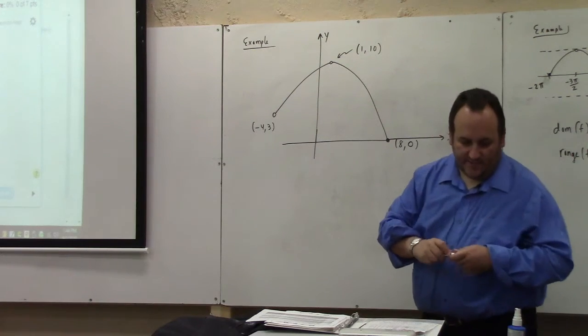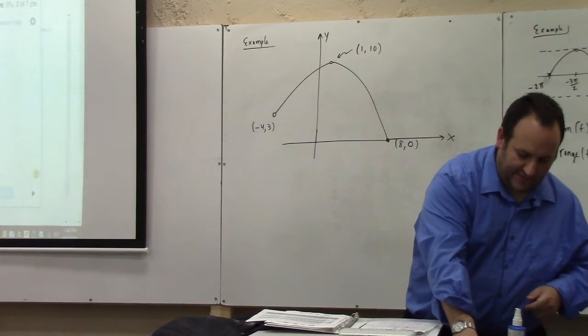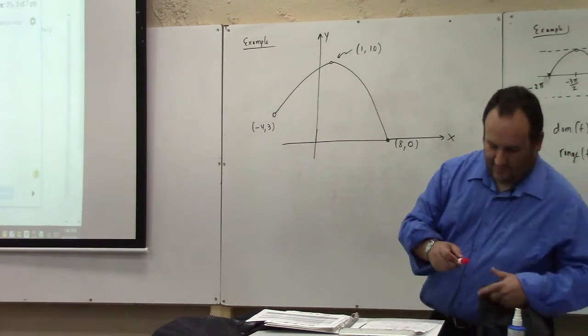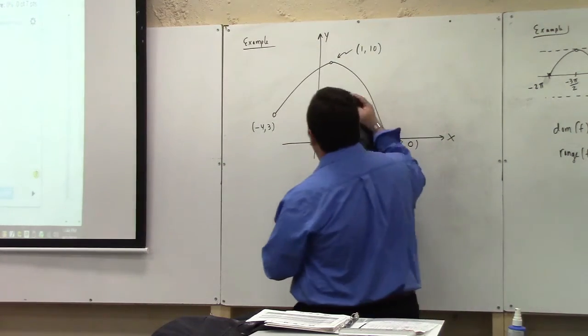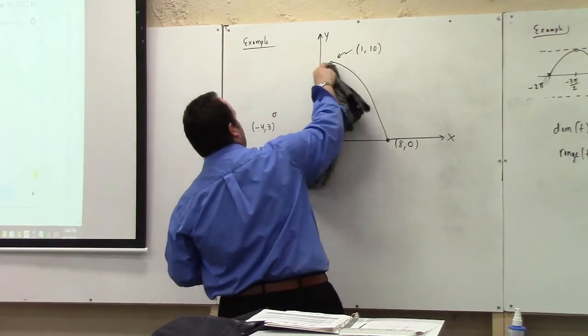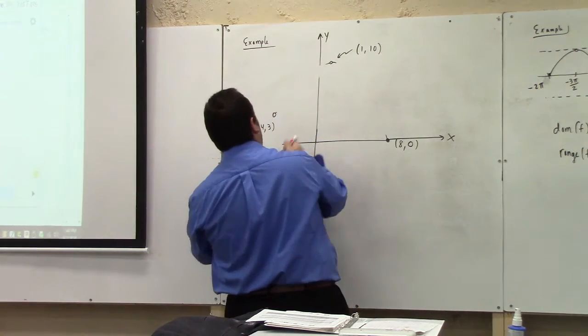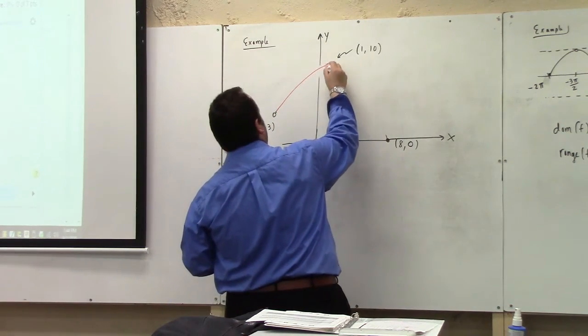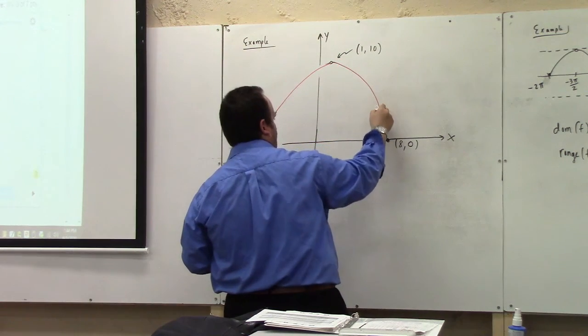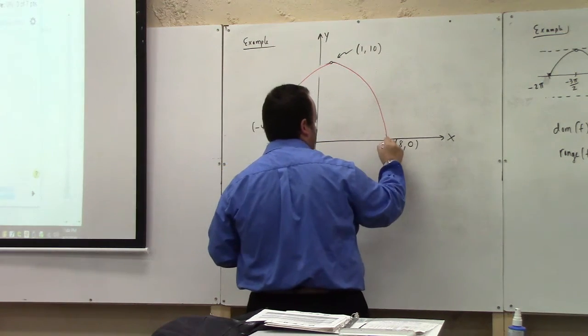I keep drawing graphs in the same color as my axes, and that's poor form. We should use a different color. There we go. Now I feel better.